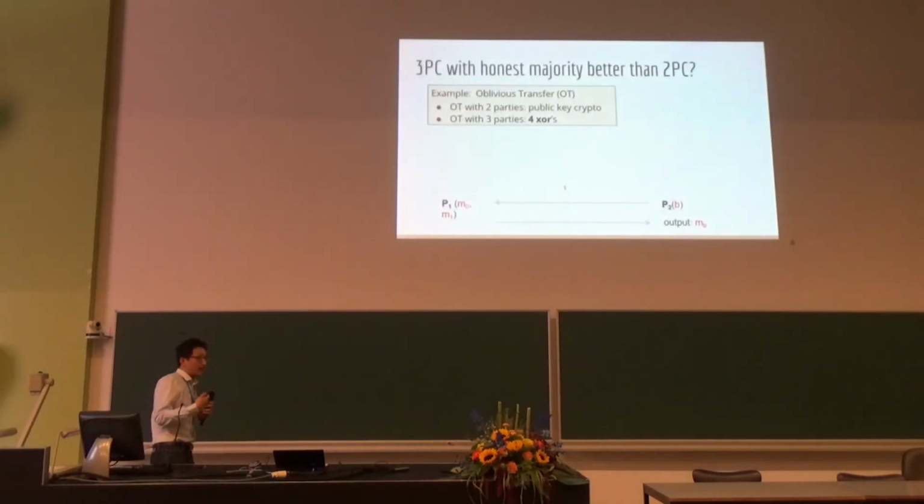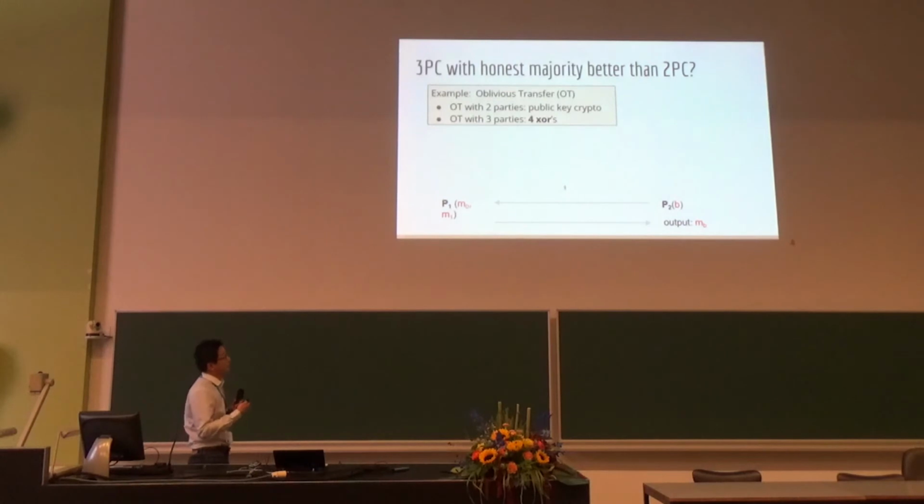I mentioned earlier that we are doing 3PC with honest majority, but what's the motivation for it? Well, we see that sometimes when we do secure computation protocols, it's often easier or more efficient to do it with 3PC than 2PC. For example, if we do oblivious transfer with two parties, then it seems that we have to do operations equivalent to public key cryptography.